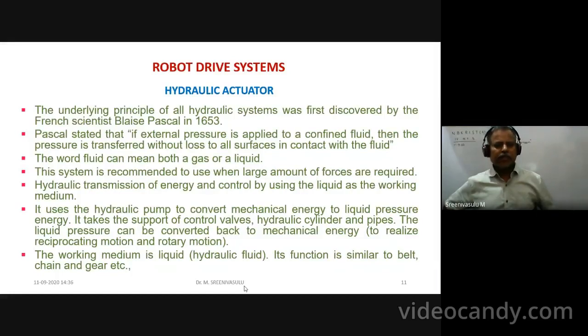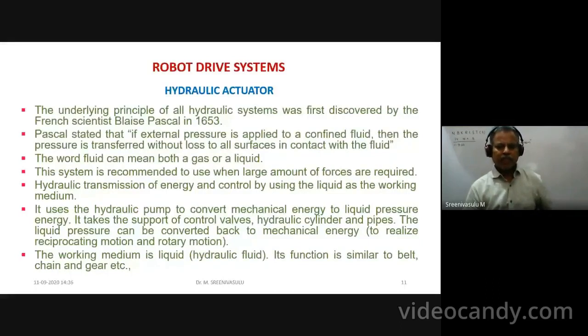This can easily be realized by any mechanical person: reciprocating motion and rotary motion can be converted from one to the other. If you decide to convert from reciprocatory to rotary, it is quite possible. If you wish to convert rotary to reciprocatory, that is once again possible.